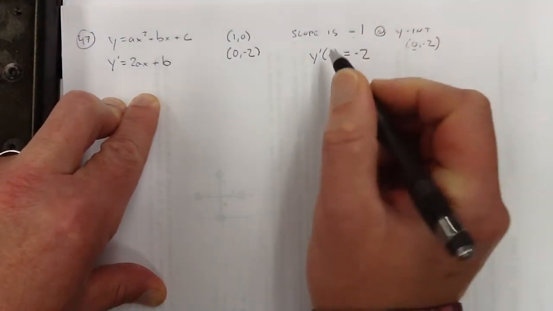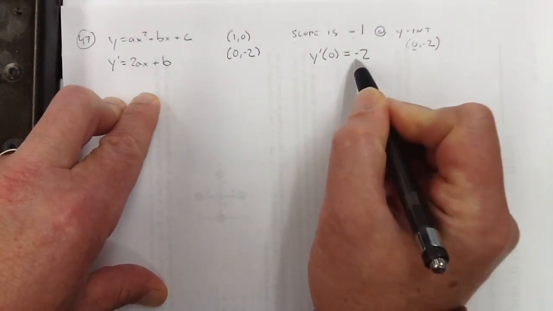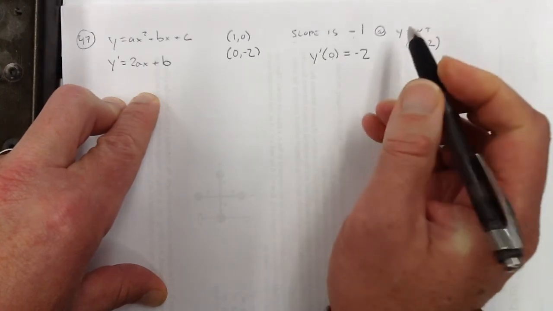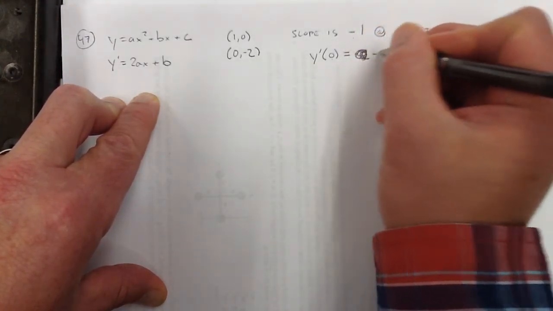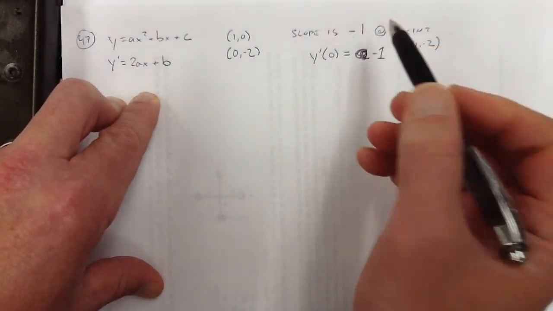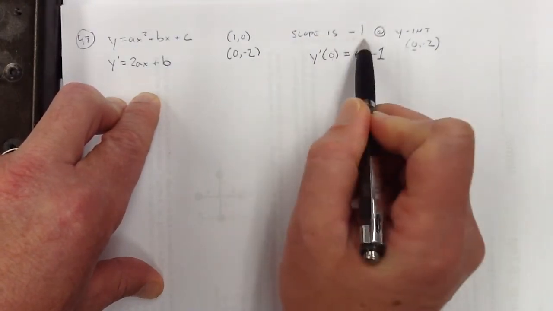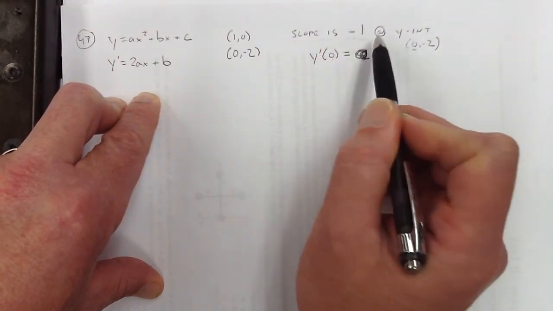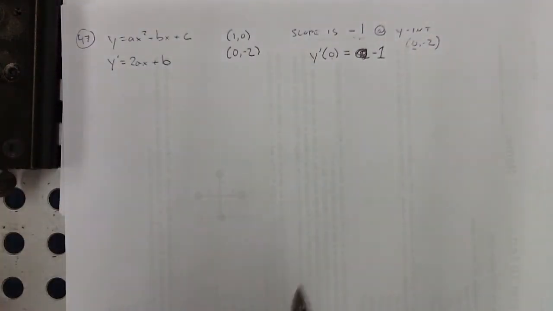Or in other words, when you plug 0 into the derivative, you need to get -2. Oops, not -2. Where did I get that? Oh, the slope is -1, sorry. You need to get -1. Why do we need to get -1? Because they told us that the slope is -1. They said the slope of the tangent line, that means the same as the slope of the function. So it's -1.